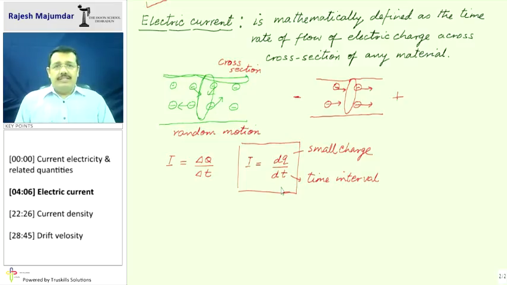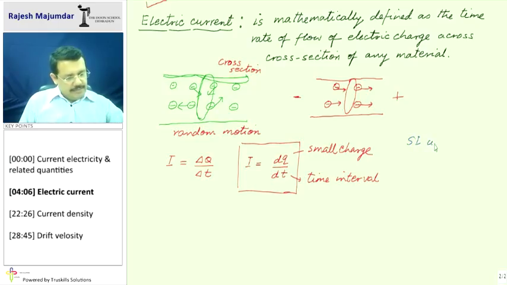Now you can very well judge from this equation, from this basic equation, that the SI unit of electric current will be given directly from this equation.